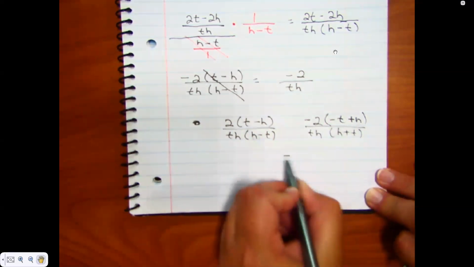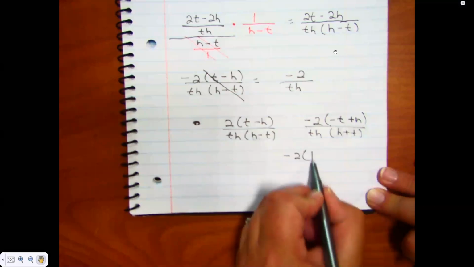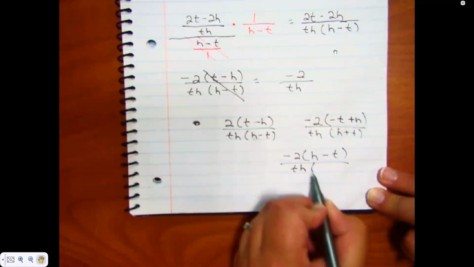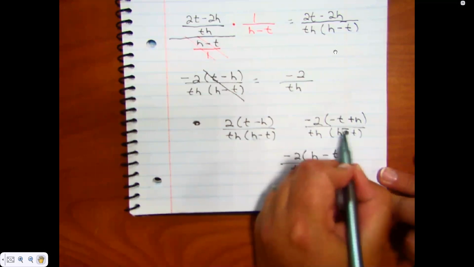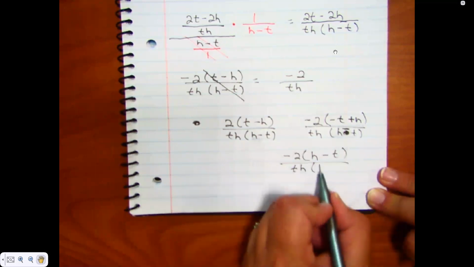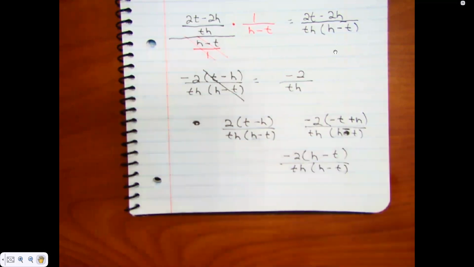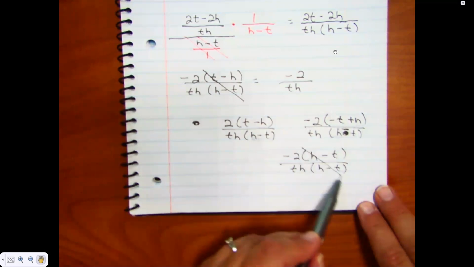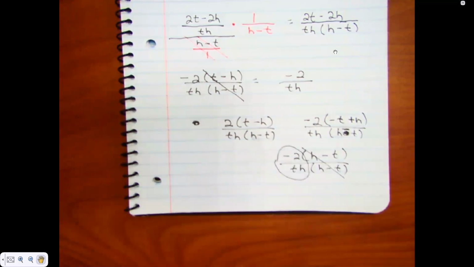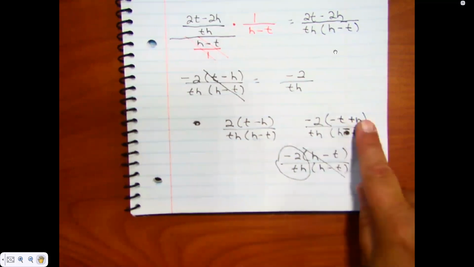So -2, I'm just going to take the time to write the h first and then the t. Oh, sorry, hang on guys, this is supposed to be minus. That's just a copy. H minus t. All right. And so then those cancel, and I still have my -2 over th. Right? So if you want to actually take the time to factor, that's okay. Then both of these signs have to change.